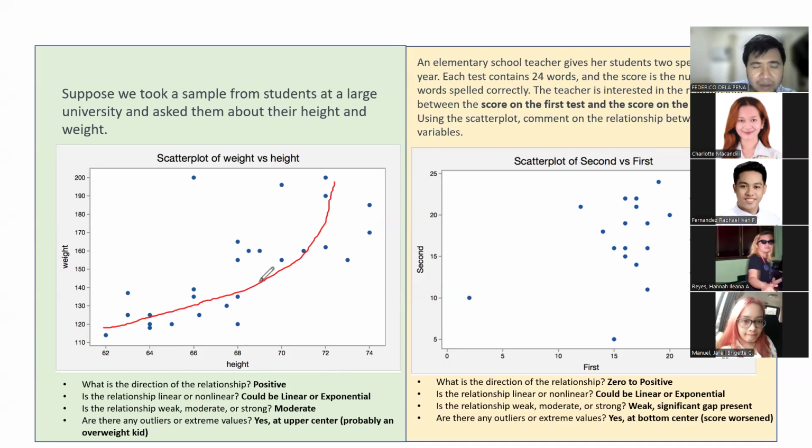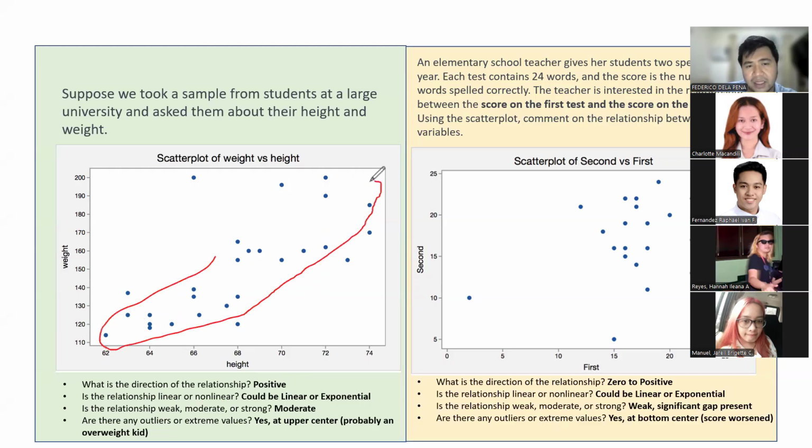Is the relationship weak, moderate, or strong? Again, the data points more or less line up together, but you have quite a significant number of outliers. So probably this is just a moderate strength of relationship, and then you have a lot of outliers.